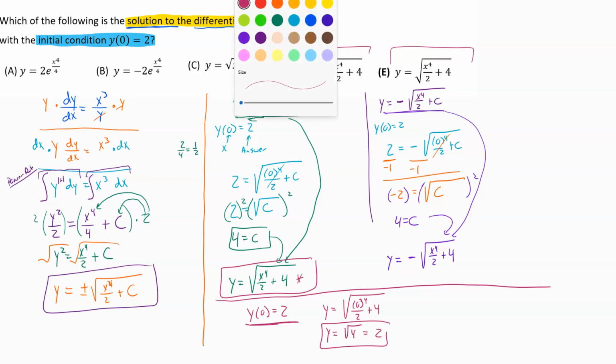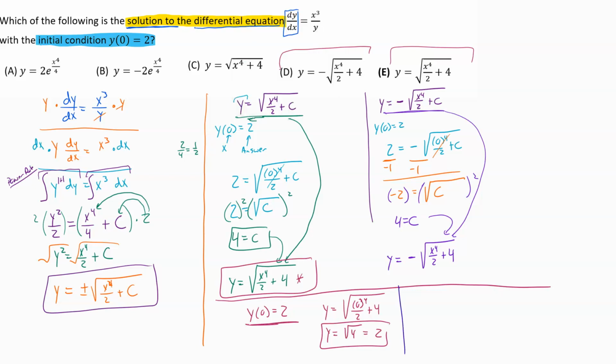If I go and do the same check on the other side, plugging into our negative here, so I would say y equals the negative square root, plugging in 0 for x, so 0 to the 4th over 2 plus 4. This is equal to negative square root of 4, which equals negative 2. And negative 2 is not what we want for our answer, so this is definitely not going to be our answer on this problem. And it's only this other one here.